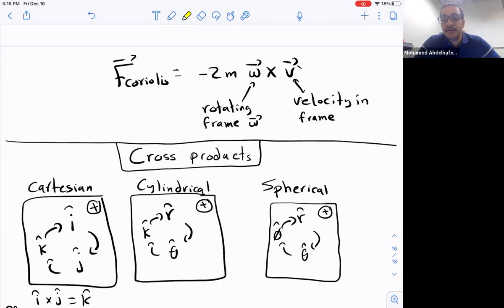By the way, there's a question: why is there a two in here? Why does it even look like that? That's a bigger question. I don't believe we showed you the derivation because it's too messy. But once you analyze the algebra of moving between frames of reference, it comes out to be like that.